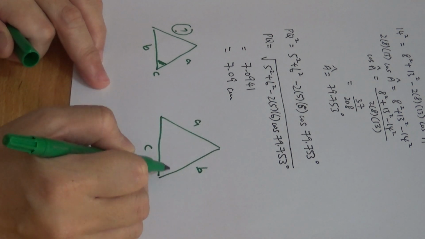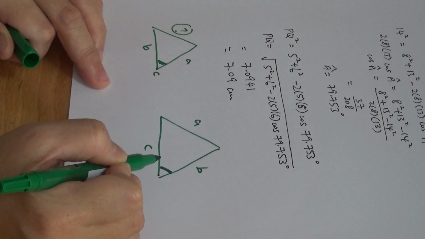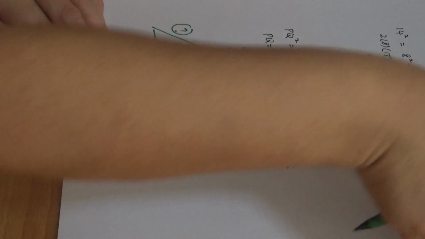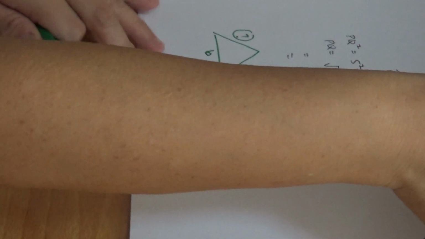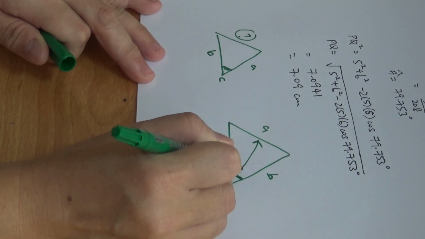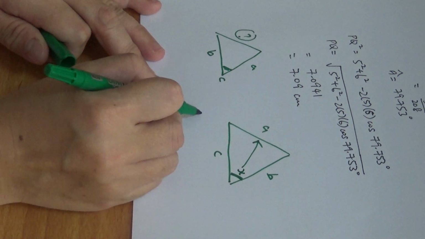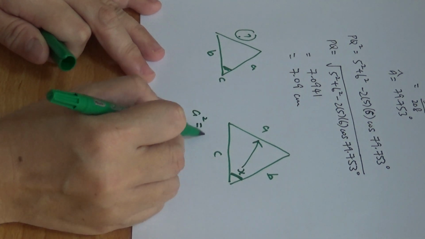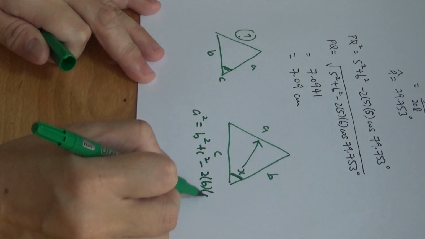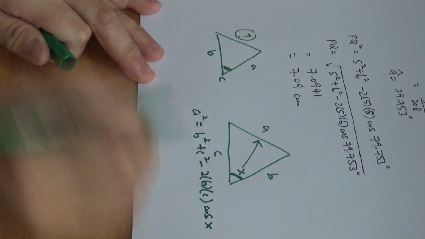For example, if you want to find this angle, let's say this angle is x, you take the opposite side as a, and I will have a square equals b square plus c square minus 2bc cosine x.